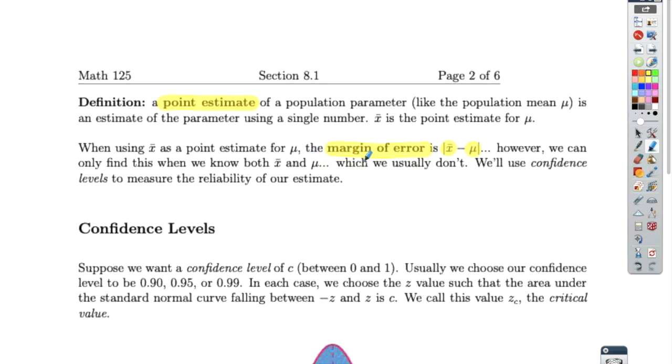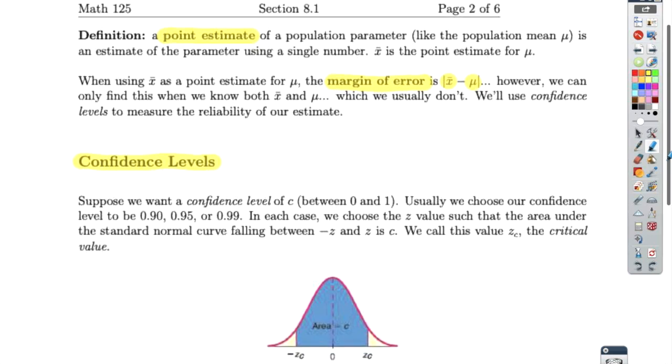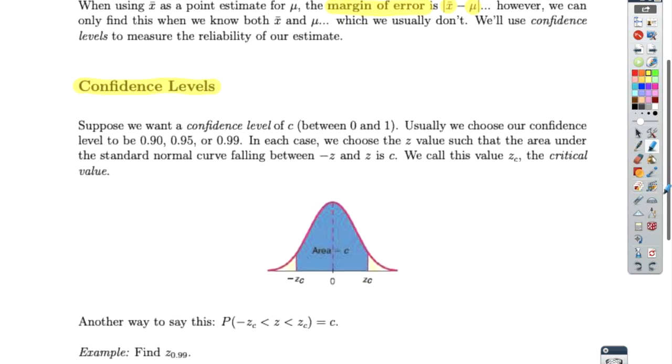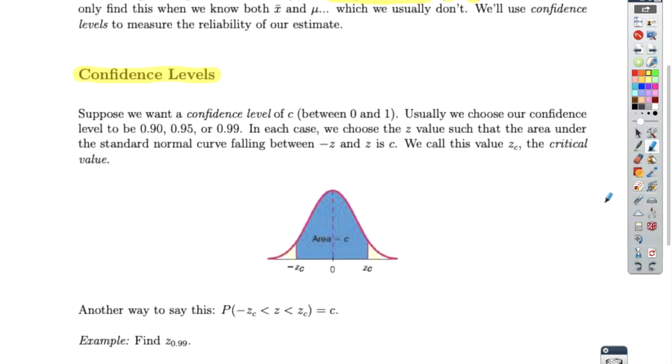What we'll use instead is something called confidence levels. So we're going to express a certain percent confidence that our answer is in the correct ballpark. Turns out we were actually doing this in the warm-up without actually calling it a confidence level. So suppose we want to find some level of confidence. We express it usually as a decimal between 0 and 1, but it's really a percentage.